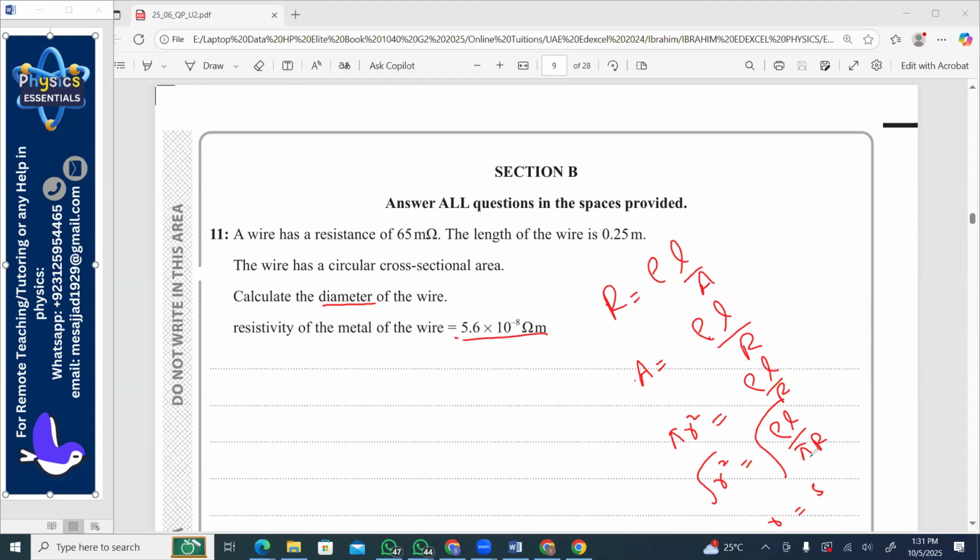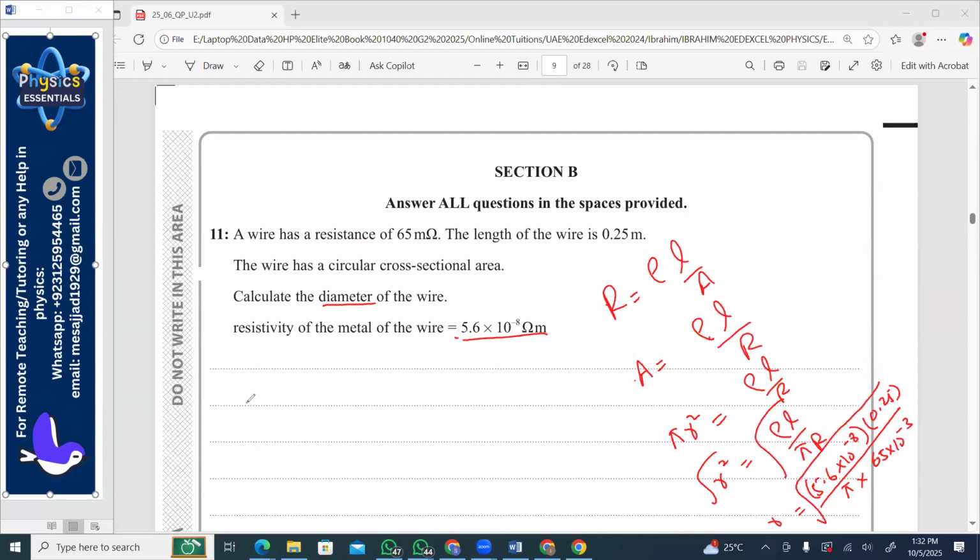resistivity is this much. Rho is that resistivity, 5.6 into 10 raised to the power minus 8. Length is 0.25, pi as it is, into r is resistance, which is 65 into 10 raised to the power minus 3.